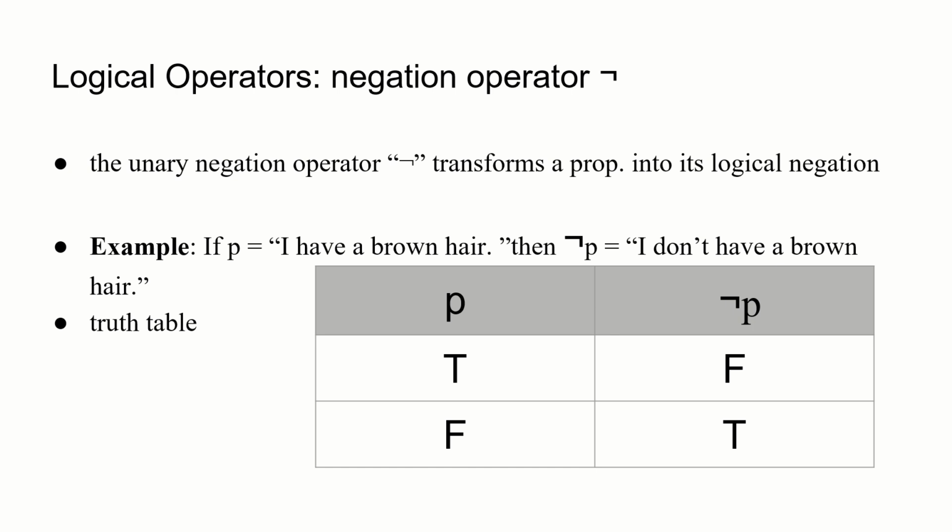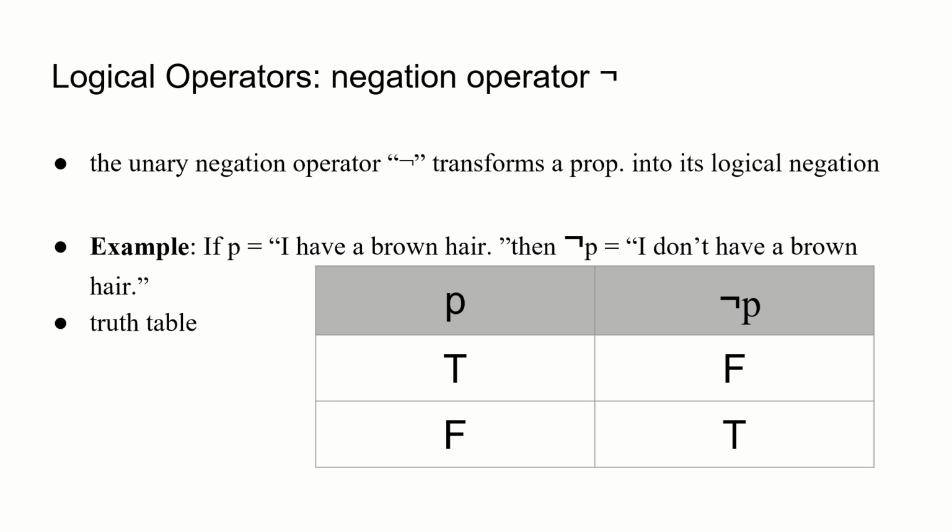Negation is a unary operator. It will transform a proposition into the negative statement. For instance, if P equals I have brown hair, then negation P equals I don't have brown hair.